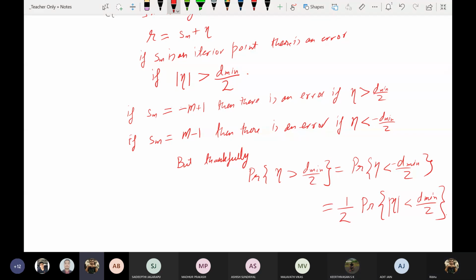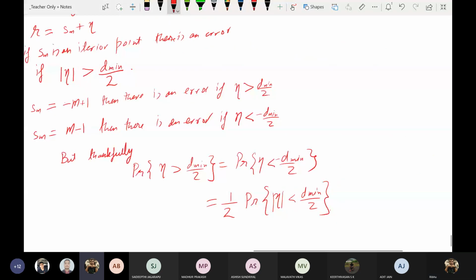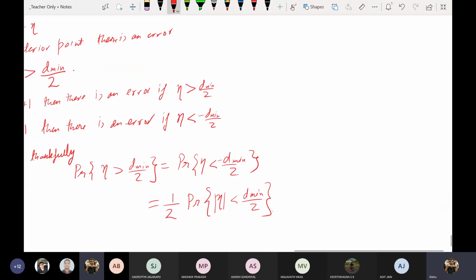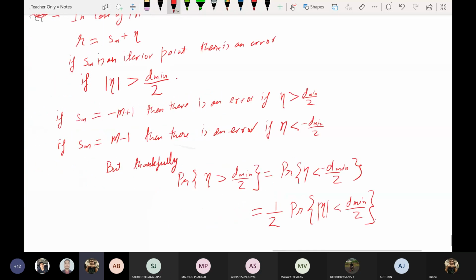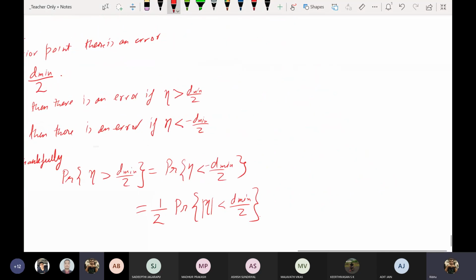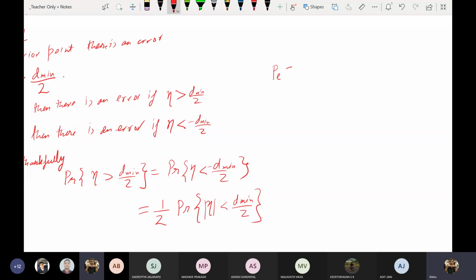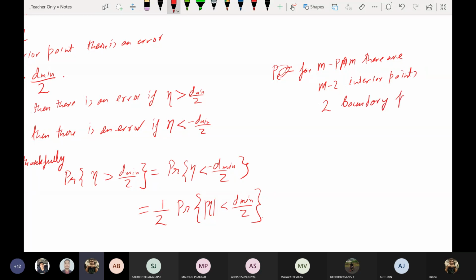Okay, sir. So since Gaussian random variables are symmetric, we can write, therefore, the probability of error is, so for M-PAM there are M minus 2 interior points, and 2 end points, right?